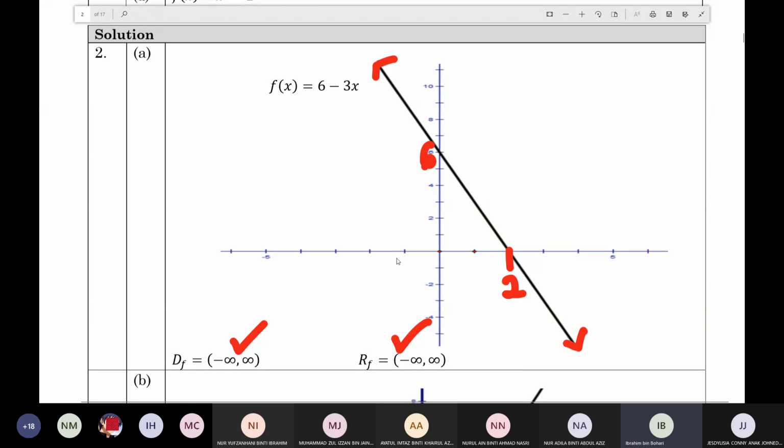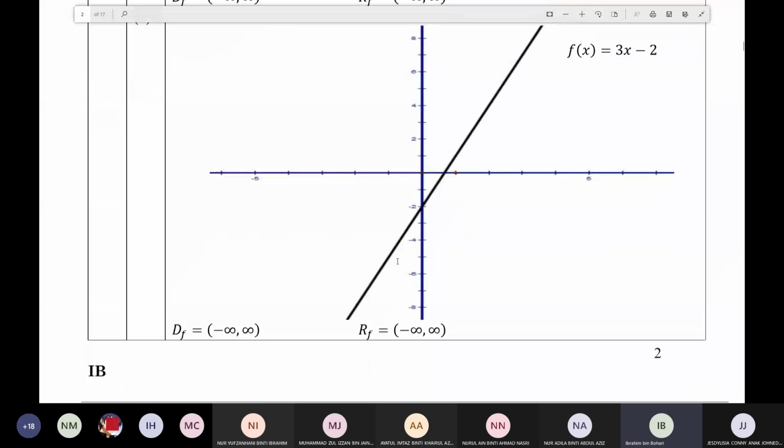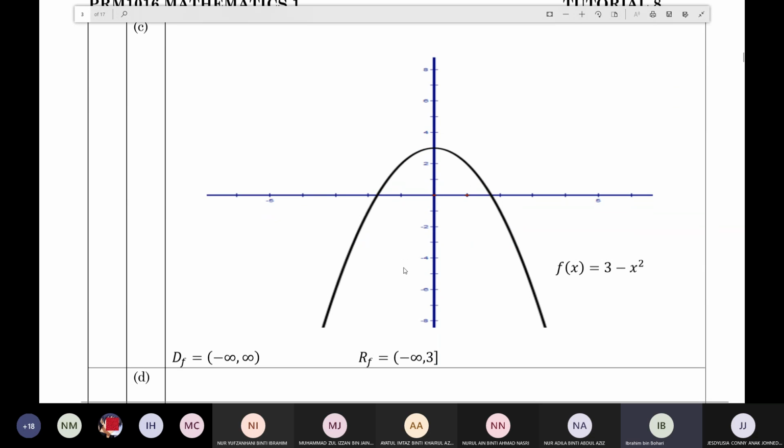Okay, question A, question B. Okay, check. Okay, ini pun sama. Okay, question C. Negative x squared plus 3.